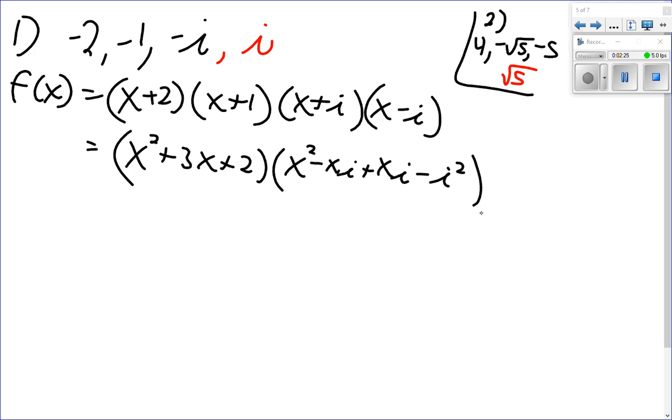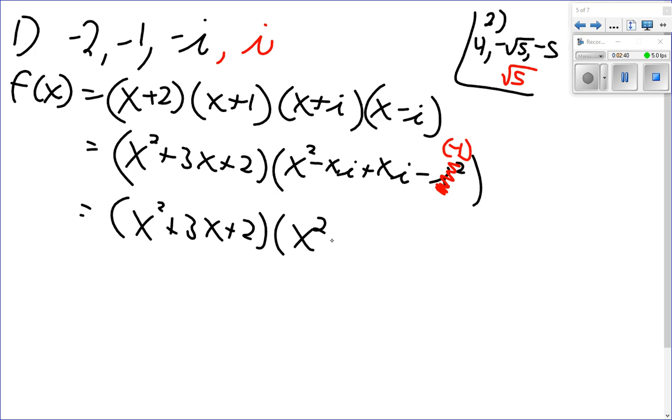It's negative 1. So that second expression has negative xi plus xi, that's gone. And it has minus negative 1, which is actually plus 1.